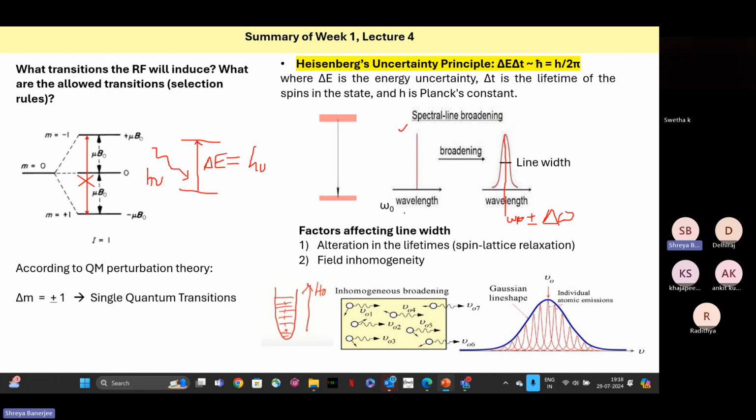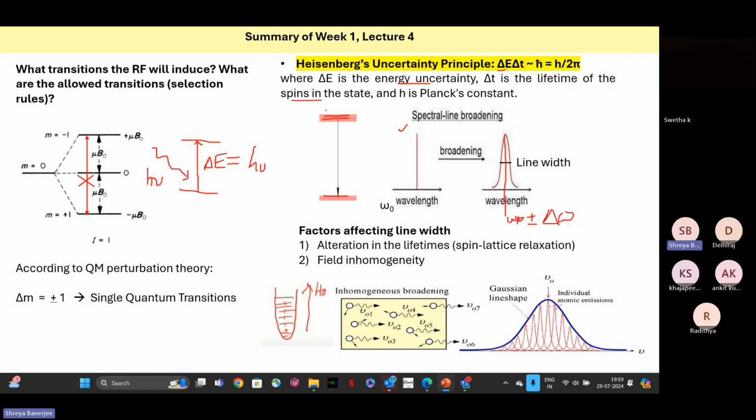This happens due to 2 reasons. Firstly, according to Heisenberg's uncertainty principle, delta E times delta T is approximately h bar, where delta E is the uncertainty in energy and delta T is the lifetime of the spin in that state. Because of this, there is always a finite value of delta E. If the energy is uncertain, it is not just a transition from one state to another state.